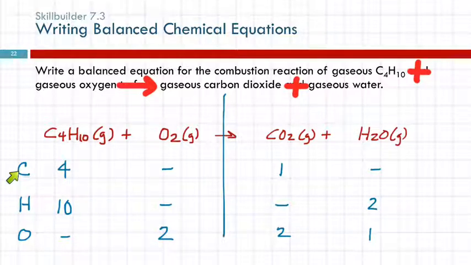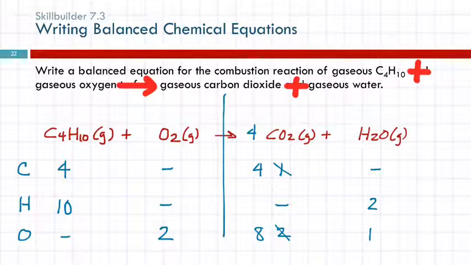I can look at carbon, and I see on this side of the line I've got 4 carbons, and over here I only have 1. So that means I need to make 4 CO2s, and then that's going to multiply everything below it. So 1 times 4 is 4, and 2 times 4 is 8.